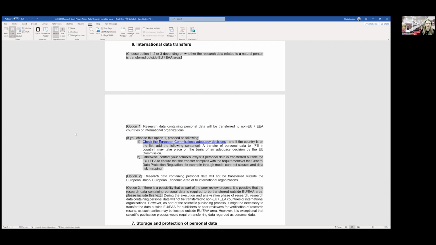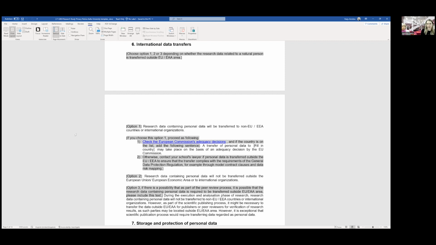Basically, the reason behind this is obviously that once we go outside the European Union, GDPR is no longer applied, and those countries may not provide as strict and good privacy legislation as we have here in the EU. So obviously the data is not as protected as when it is located or processed here inside the European Union.